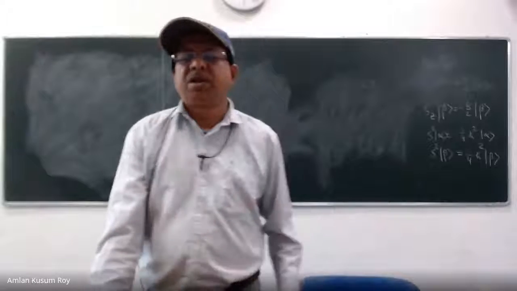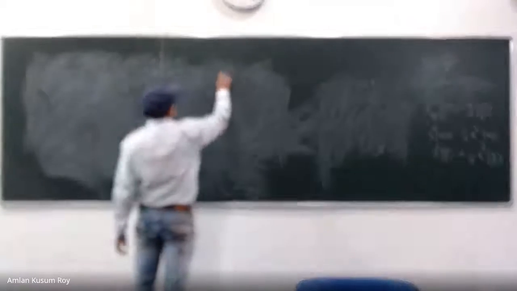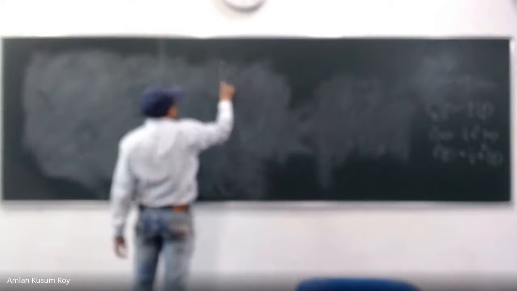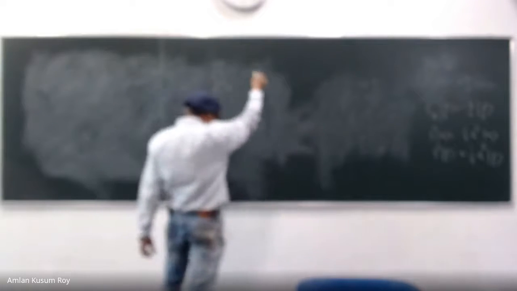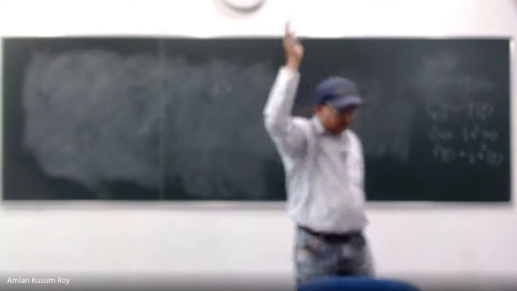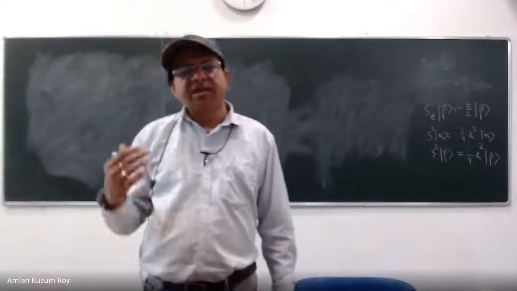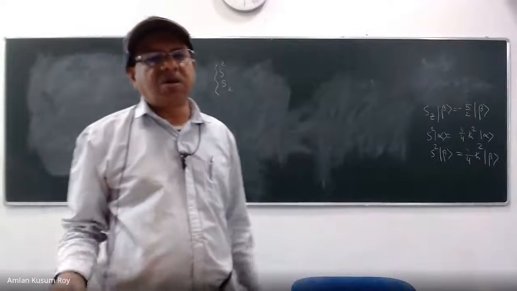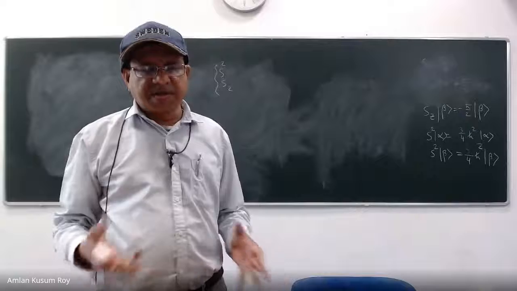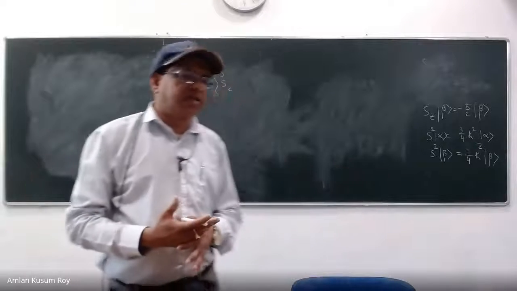I think I missed telling you that S square and Sz, their eigenfunctions, your spin eigenfunctions, are eigenfunctions of these operators. Remember, Sx, Sy and S plus, S minus are also not representing any observable. They are just intermediate things for us.